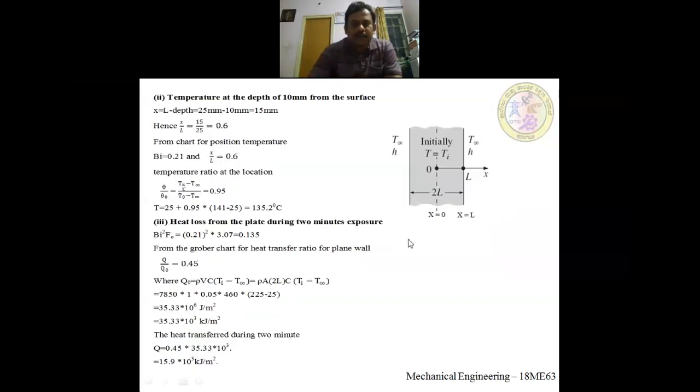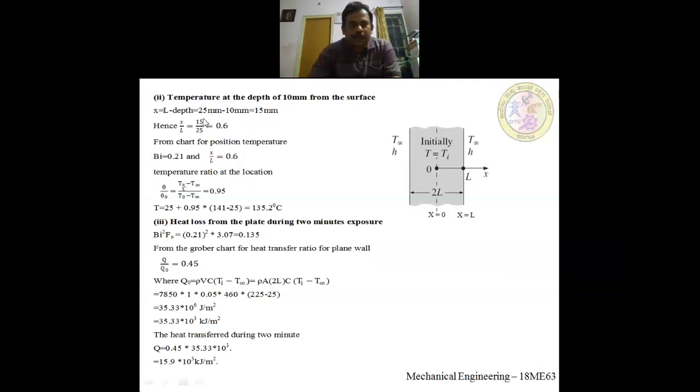Next one, temperature at a depth of 10 mm from the surface. The depth is 10 mm from the surface, but we want the value of x from the center axis line. From the surface they have given the value, but we want it from the axis. x will be varying from 0 to L on the right hand side.